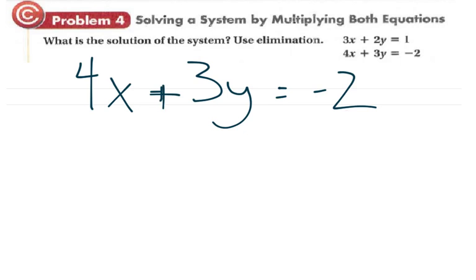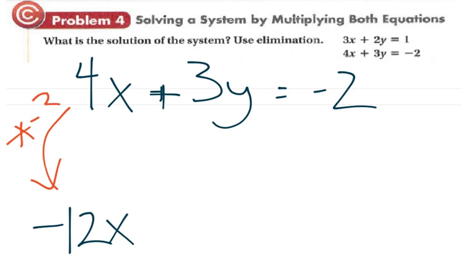And I need to make this one negative 12 because I need a positive 12x and a negative 12x, or else they're not going to eliminate. So what I really need is for the 4x to go to negative 12x. Well, the only way I could do that is if I multiplied by negative 3. So not only do I multiply the x by negative 3, I multiply everything here by negative 3.